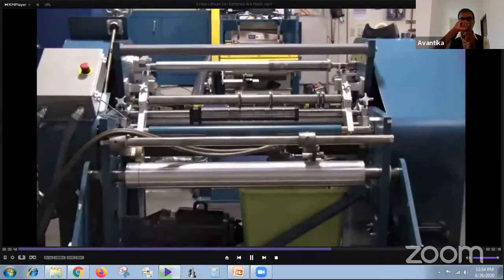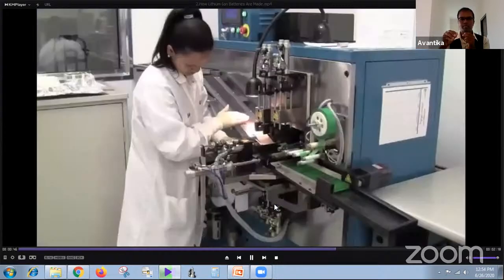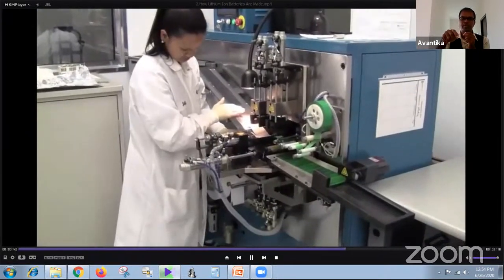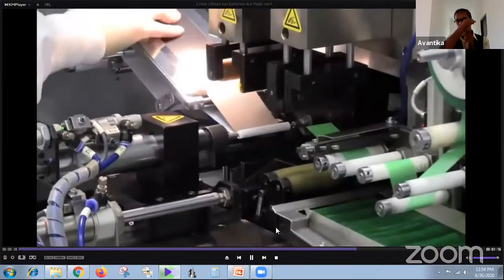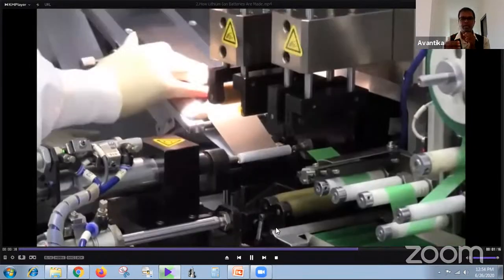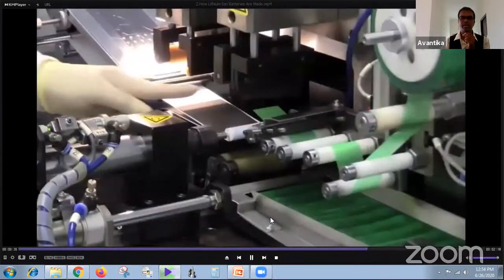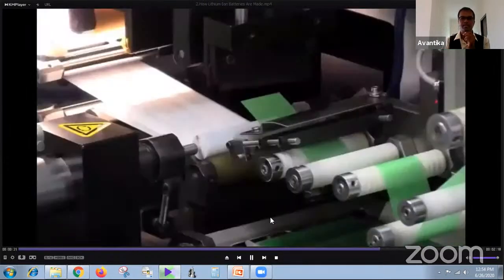This is a different kind of material to prepare the cylindrical battery also. They are cutting the separator and cathode materials, and finally they are preparing the cylindrical form of batteries.